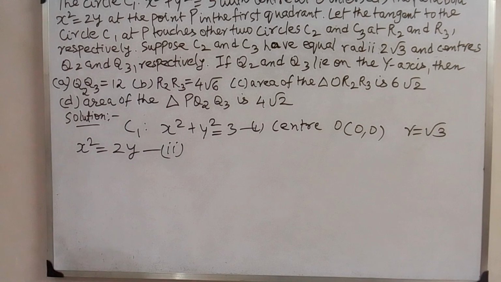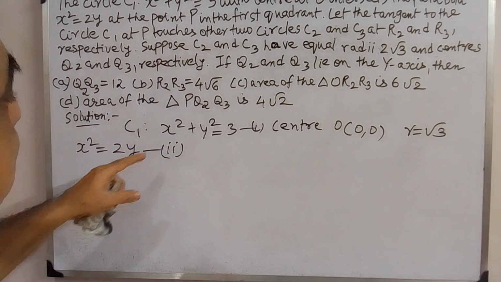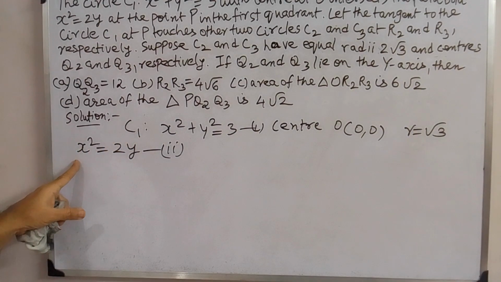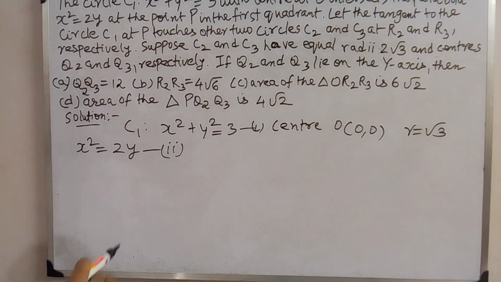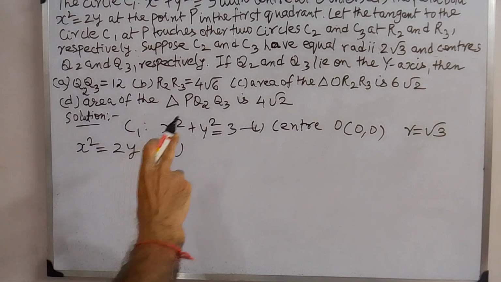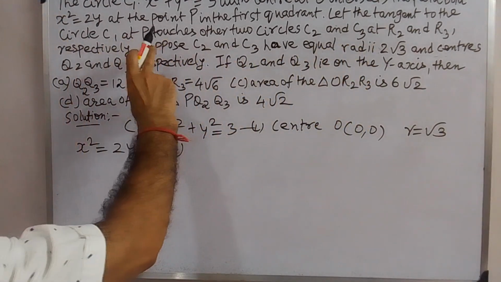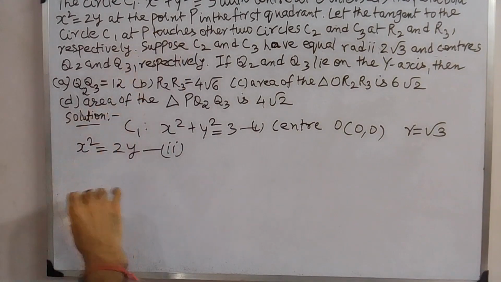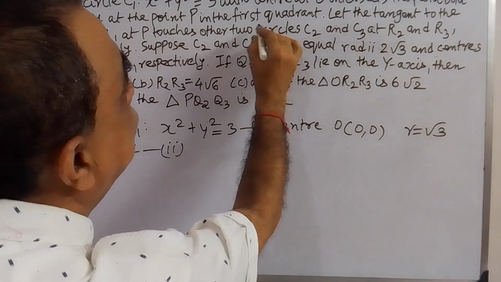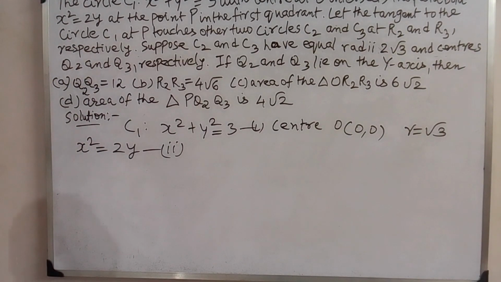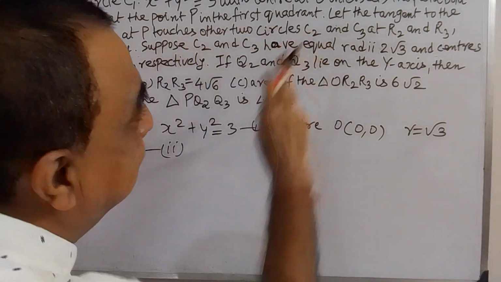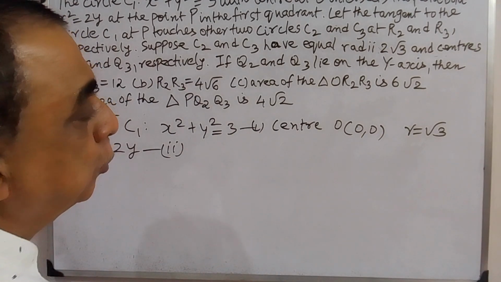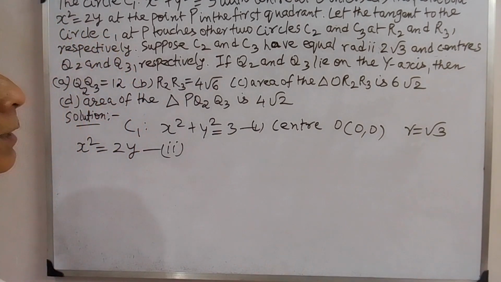This is a parabola, and these two curves, the circle C1 and the parabola, are intersecting at the point P. P is said to be in the first quadrant, which means the x coordinate and y coordinate are both 0 or greater than 0.